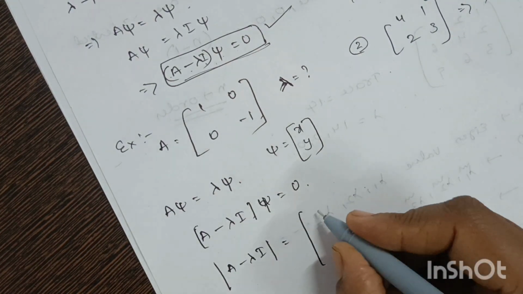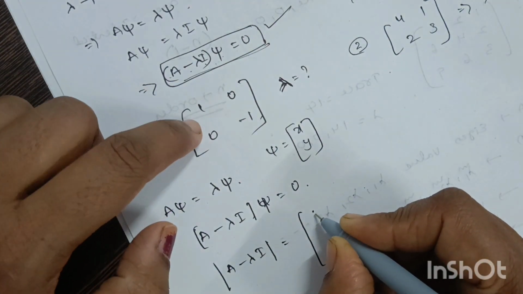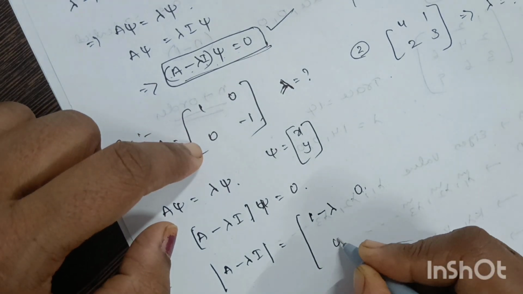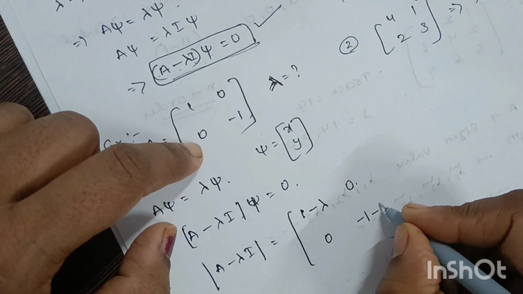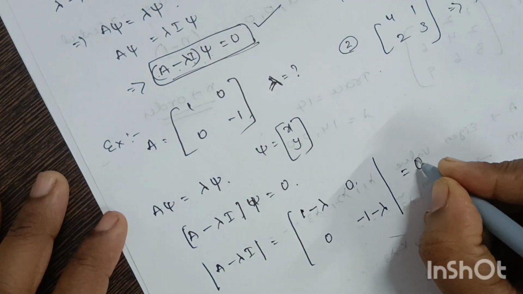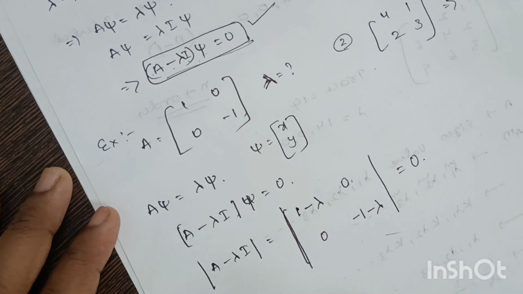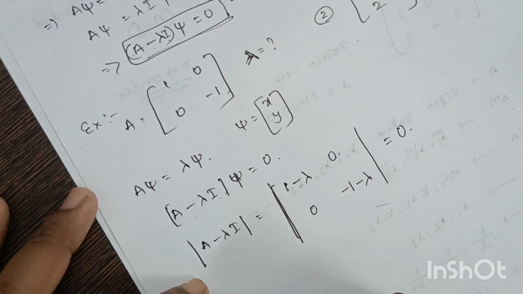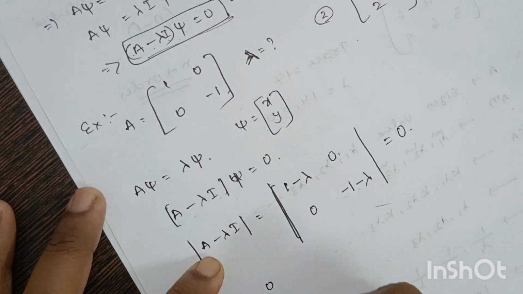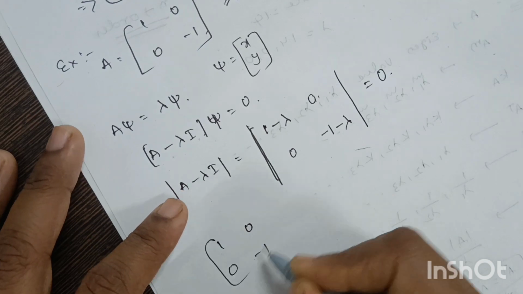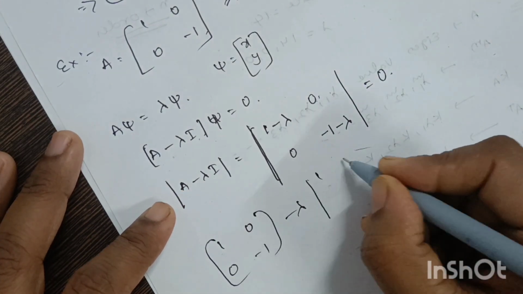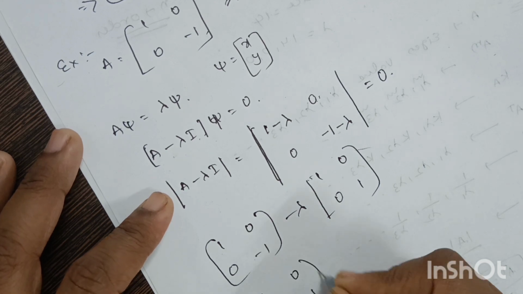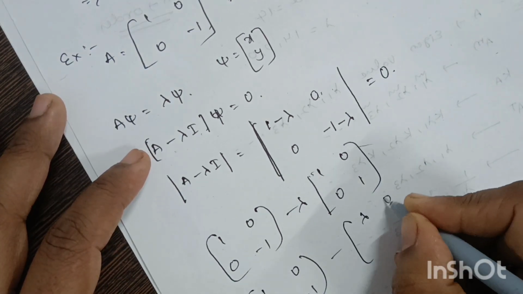So A minus lambda I is [1 minus lambda, 0; 0, minus 1 minus lambda], equal to 0. Here A is [1 0; 0 -1], minus lambda times I, which is [1 0; 0 1], giving [lambda 0; 0 lambda].